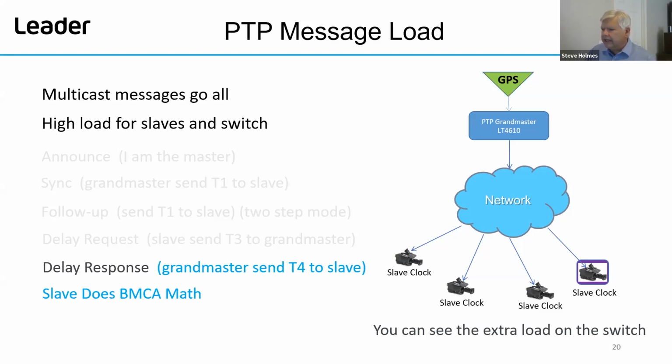Since it's a multicast message, just like when the slave sent out his request to the Grandmaster, it went to all the slaves, but they ignored it because it wasn't for them. It was for the Grandmaster. Now the delay response from the Grandmaster gets sent to everybody, but it's only for the slave, in this case on the far right. So there's a lot of traffic going back and forth on the network for PTP. It's moderately verbose.